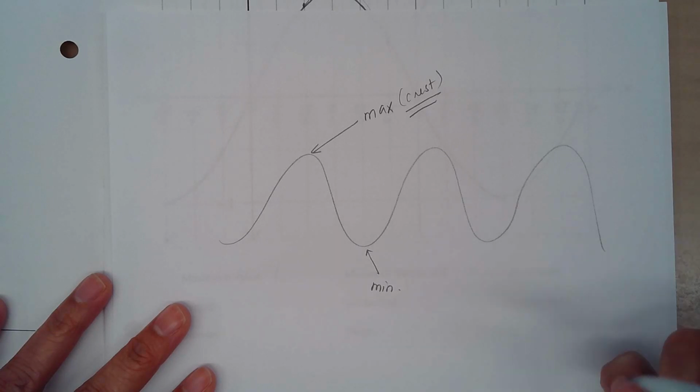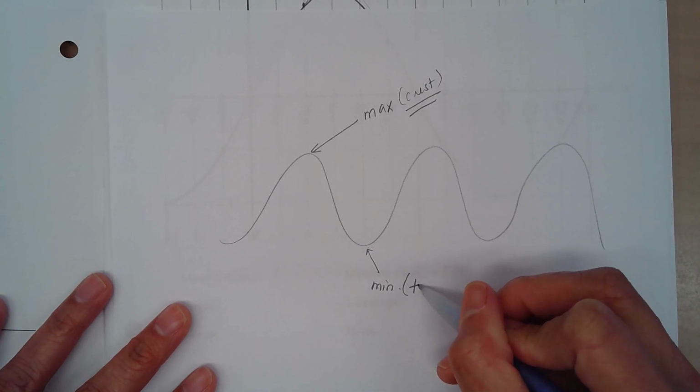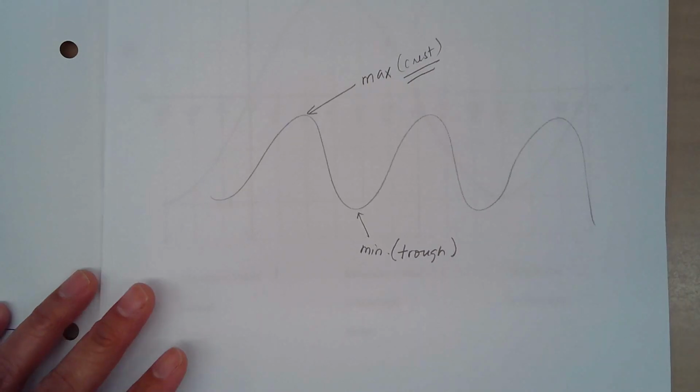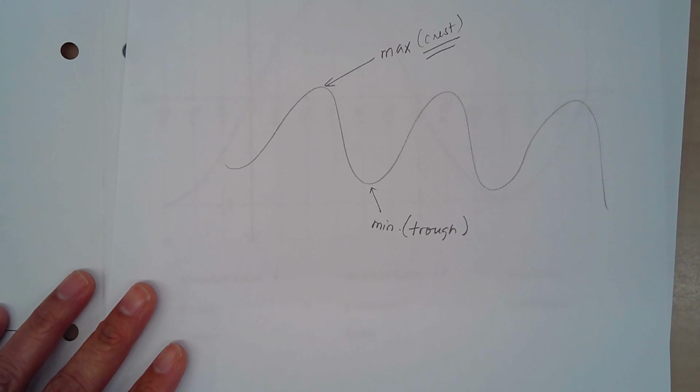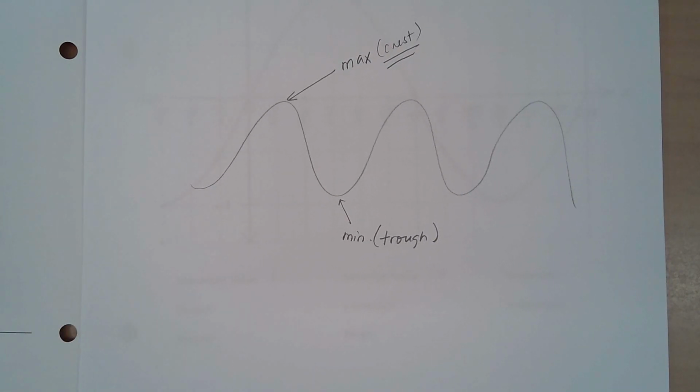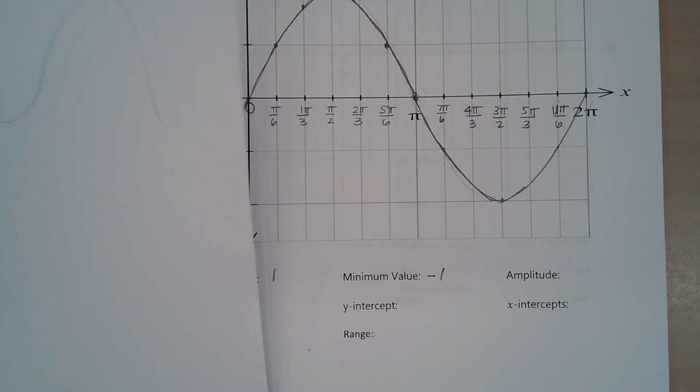And in physics, there's a term for a minimum, which starts with a T: trough. I don't even know if I spelled that right. I did? Oh, okay. Trough.